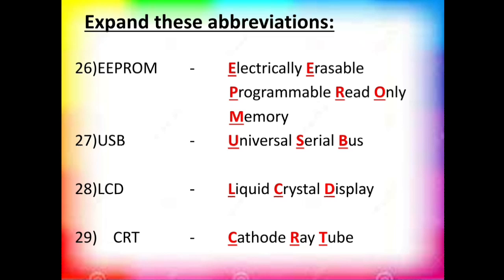So EEPROM means electrically erasable programmable read only memory. USB means Universal Serial Bus. LCD means Liquid Crystal Display. CRT means Cathode Ray Tube.